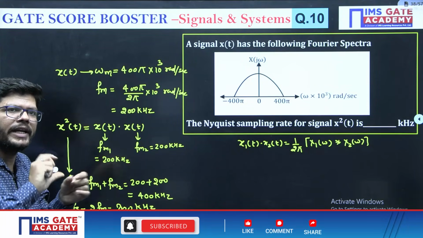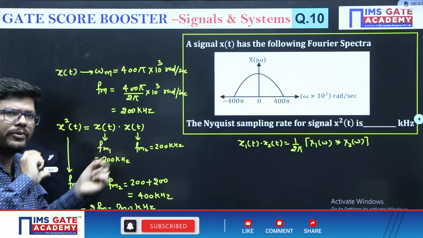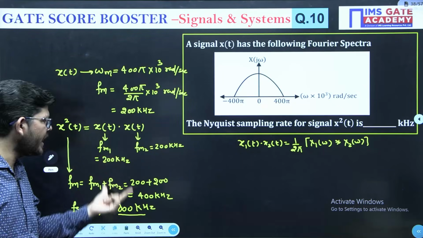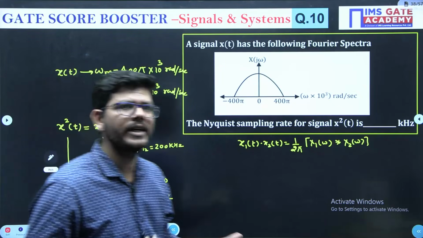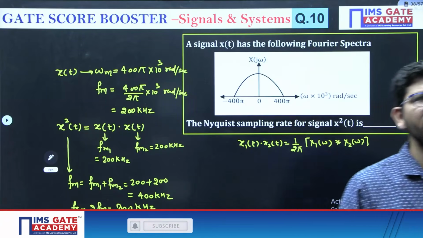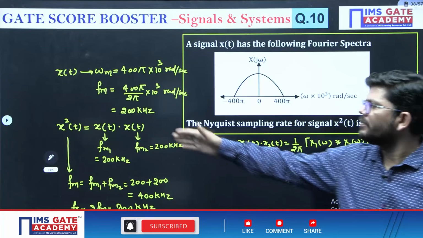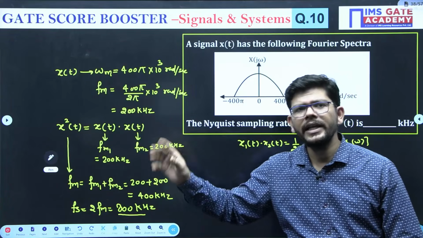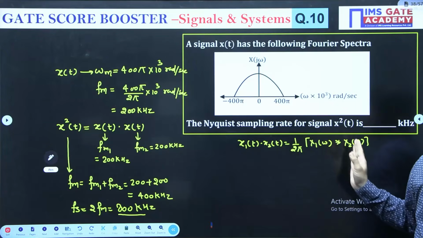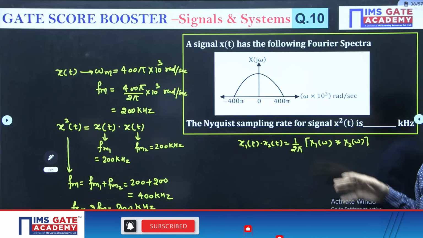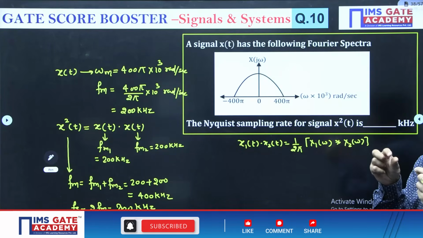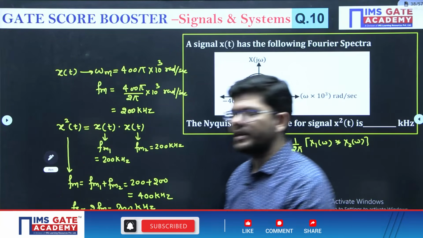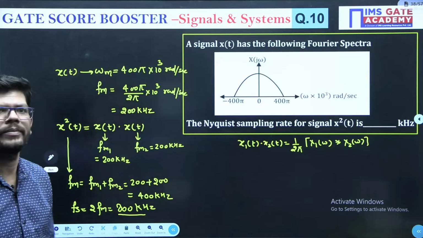You can make it twice, or if the power is 3, you can make it thrice. Basically we are adding it because it is the same signal, so it becomes twice or thrice. Why? Because multiplication results in convolution, and in convolution the durations are added, so the frequencies will be added. So you can utilize this concept.